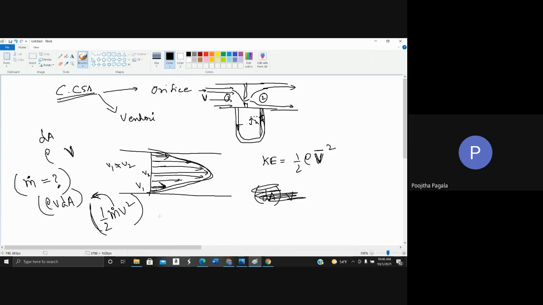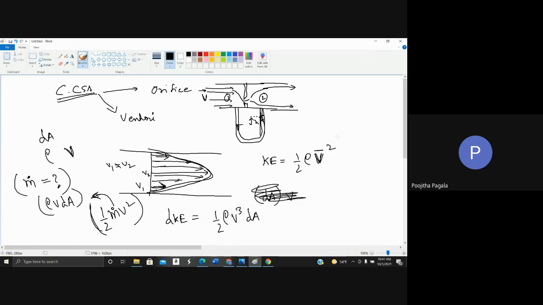So the kinetic energy of a small fluid element, dKE, is equal to half rho v cube dA. This is the kinetic energy which you have.